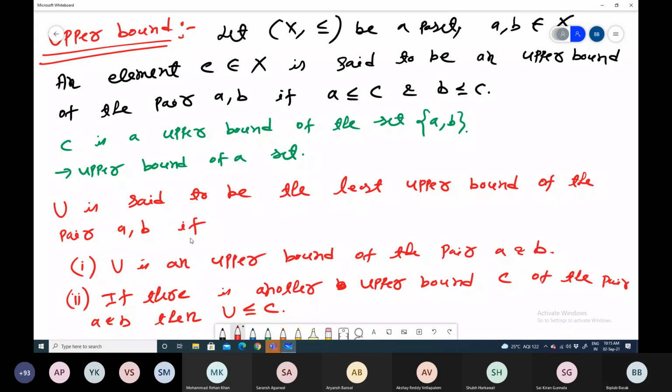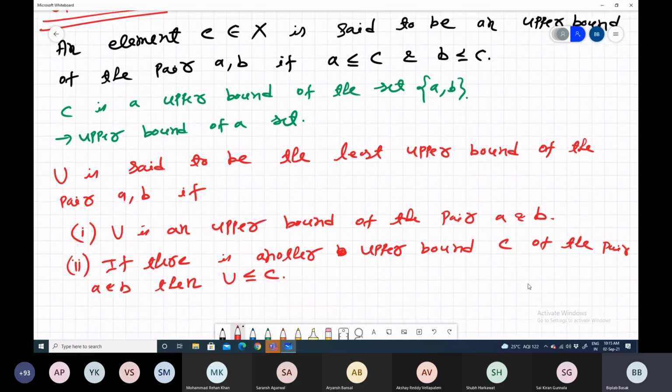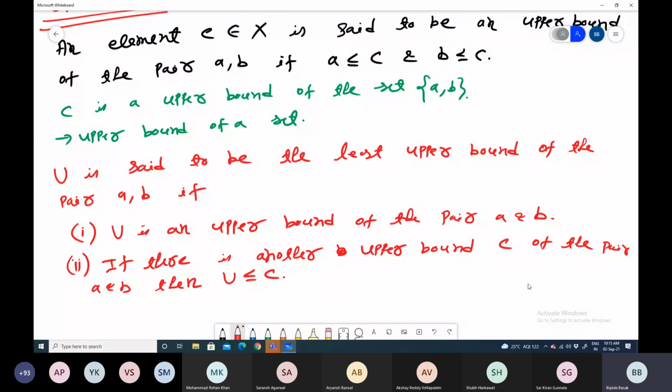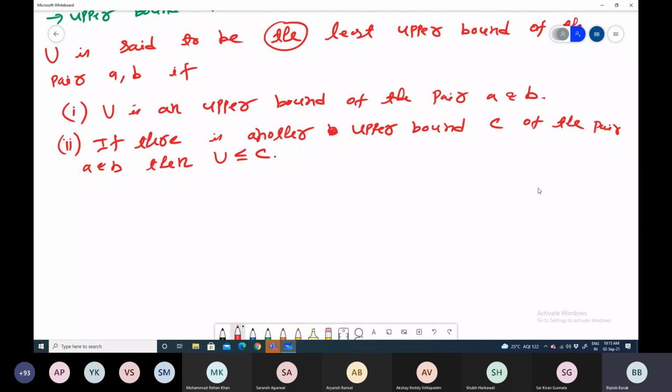Again, we say "the" least upper bound because, if it exists, it should be unique. Now see one example.